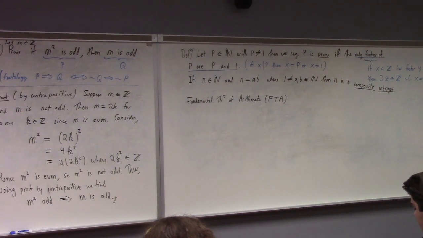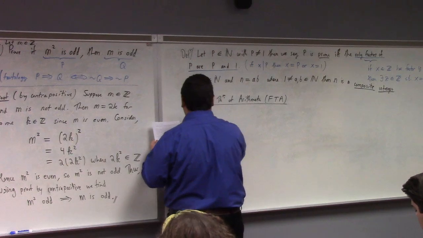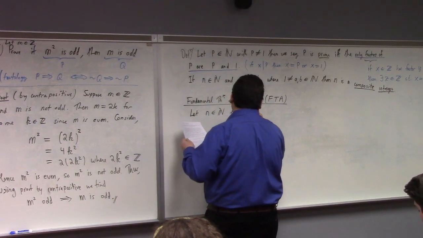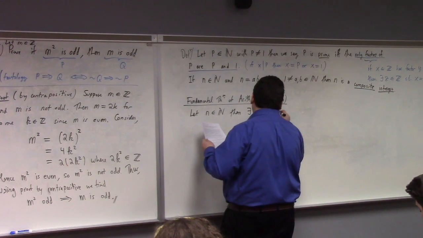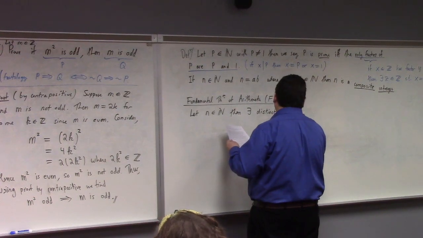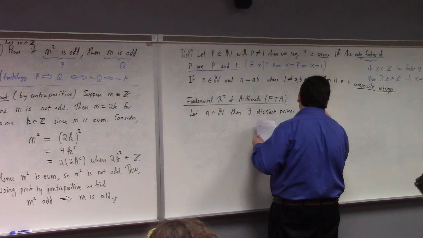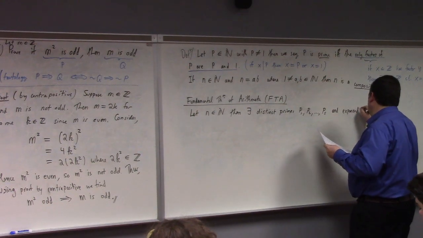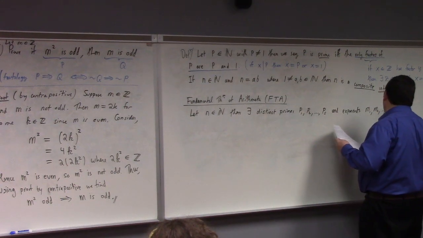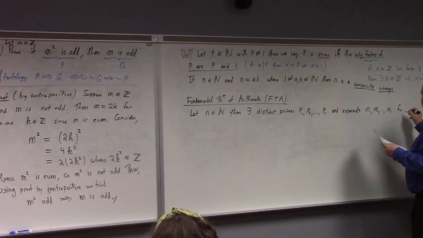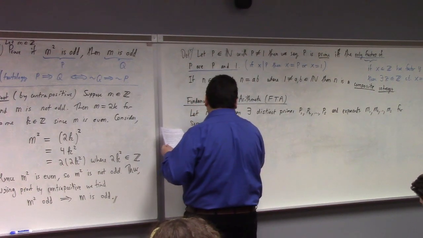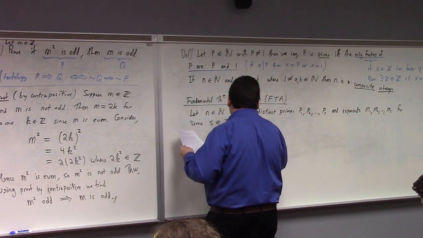It says if we take any positive integer, let n be a positive integer, then there exist distinct primes p1, p2, ps, and exponents m1, m2, m sub s, for some s in the integers with s greater than or equal to 0.